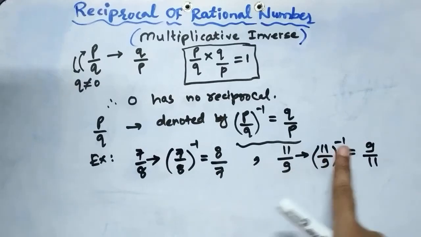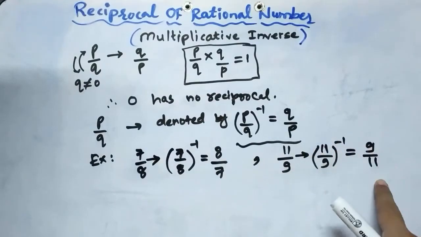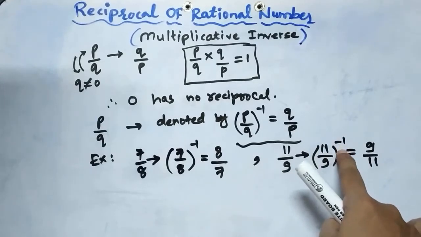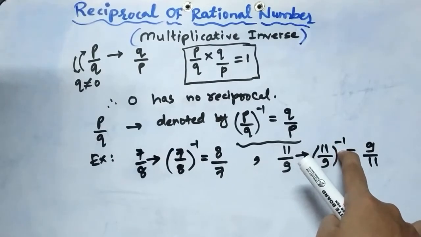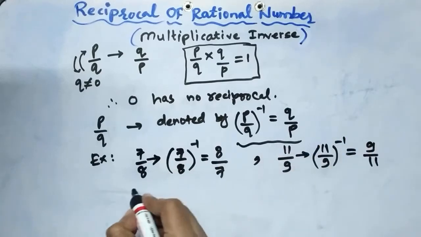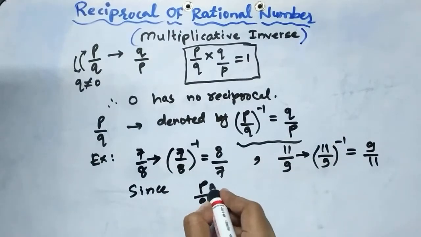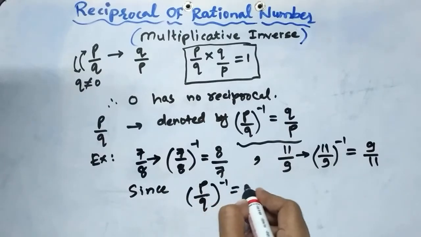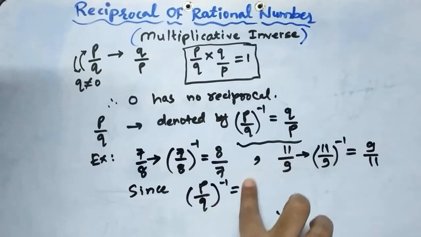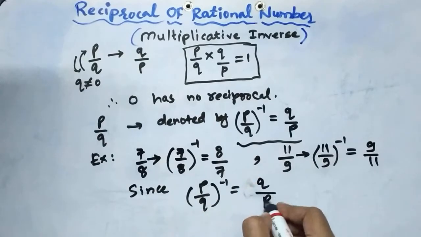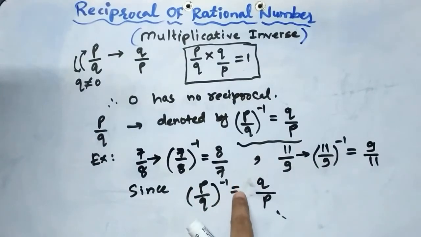So the reciprocal can be written as 9 by 11, or you can keep the rational number as it is, 11 by 9 to the power of minus 1. So friends, since p by q to the power of minus 1 is nothing but q by p, we can write q by p.